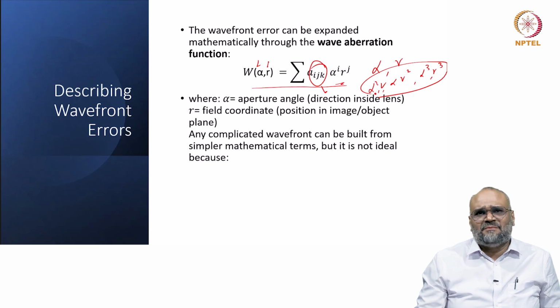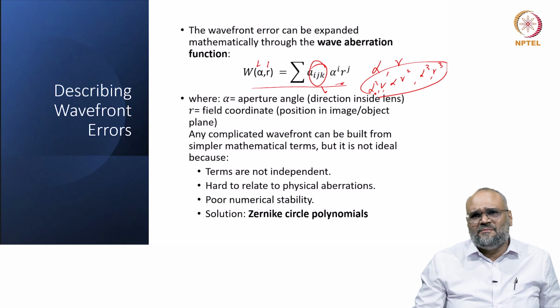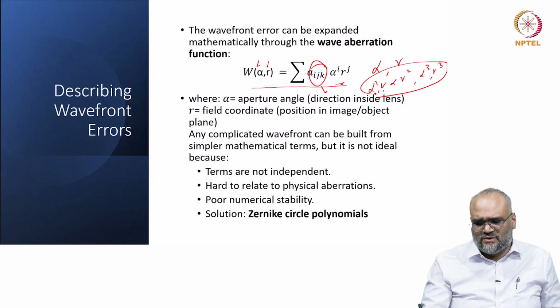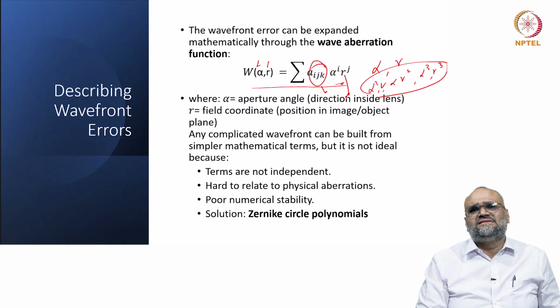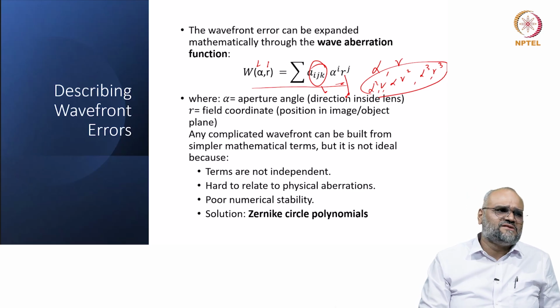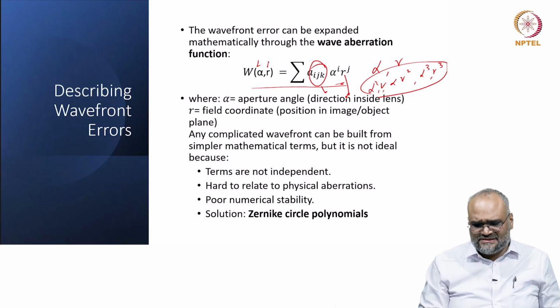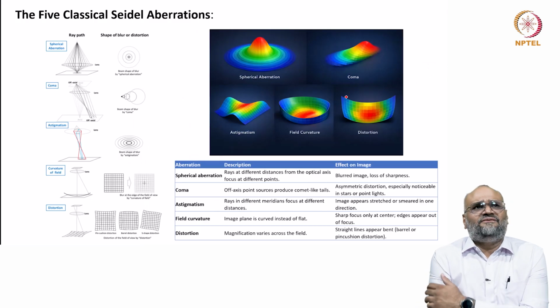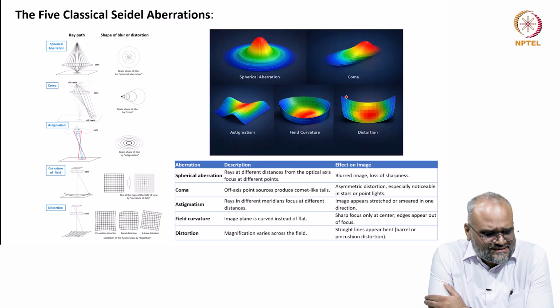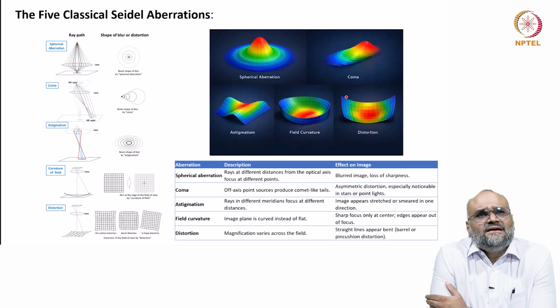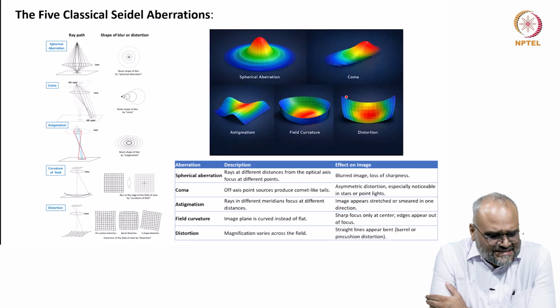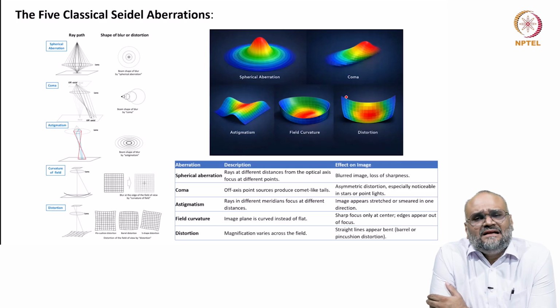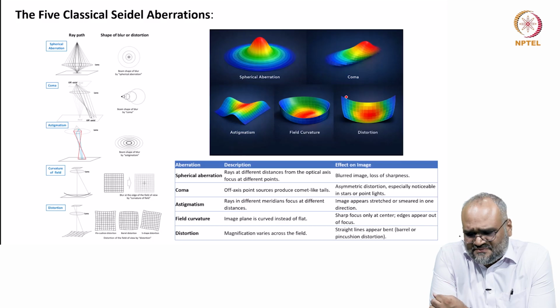Here alpha is your aperture angle and r is the field coordinate, and any complicated wavefront can be built when you expand this aberration function in terms of the Zernike circle polynomials. The 5 classic Seidel aberrations modulate the wavefront in these forms, and you might have seen these lens distortions in classic textbooks on optics.